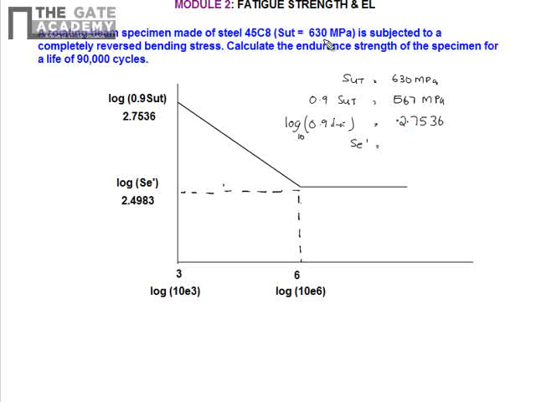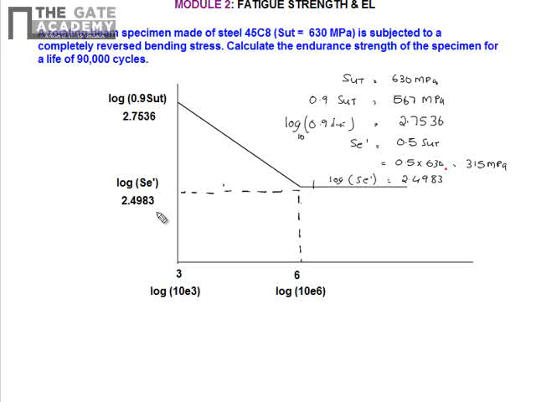So we can take SC dash as 0.5 times SUT, that is nothing but 0.5 times 630 megapascal, which is nothing but 315 megapascal. And log of SC dash will be 2.4983. This is written here, 2.4983.